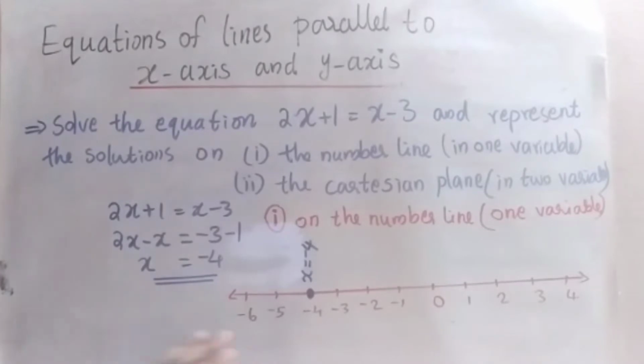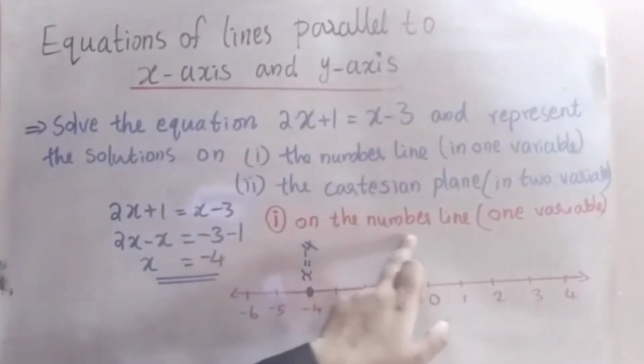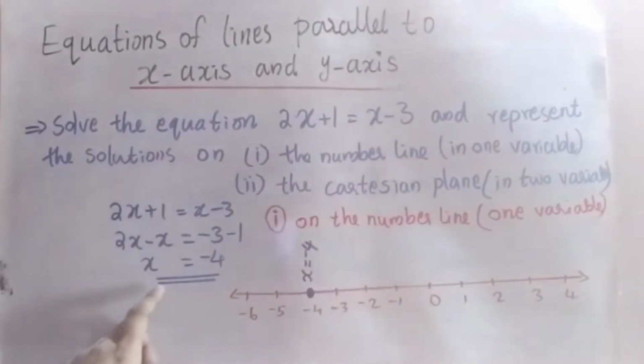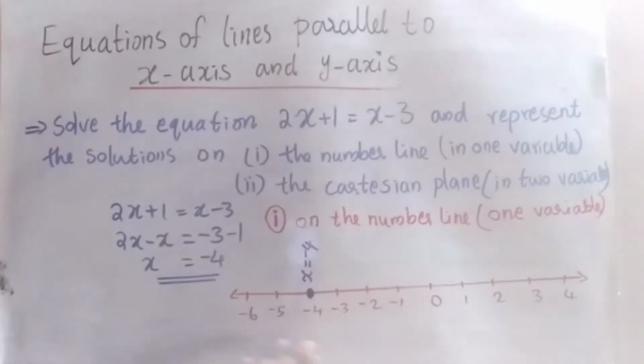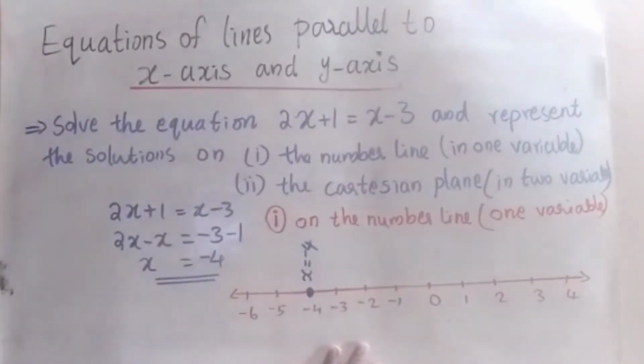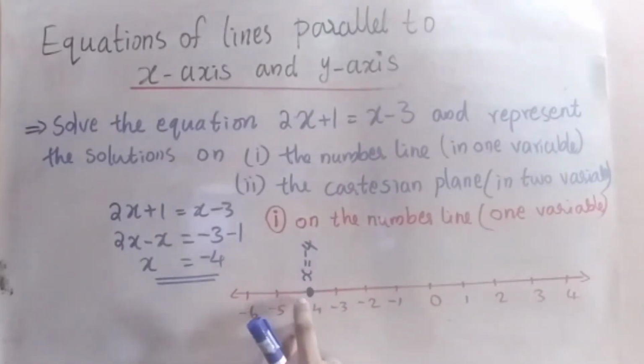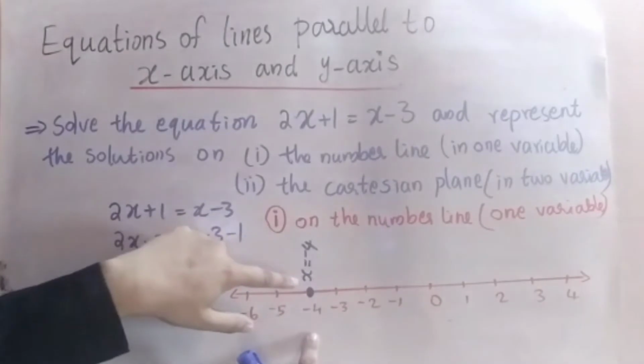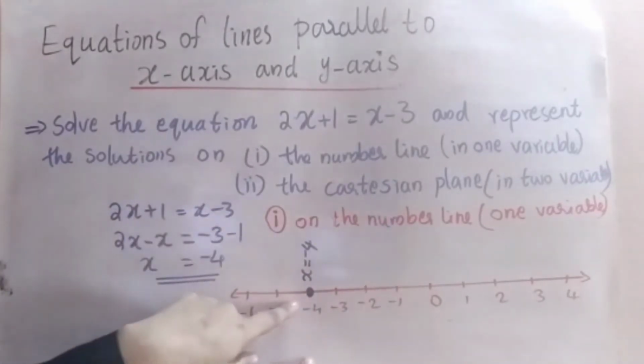First question is on the number line. We need to plot x equal to minus 4. First draw a number line like this: 0, positive axis, negative axis. x is equal to minus 4, so on the negative side, minus 4 here. This is the point x equal to minus 4.